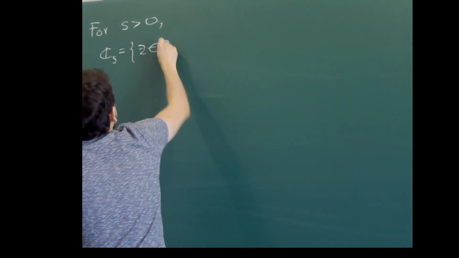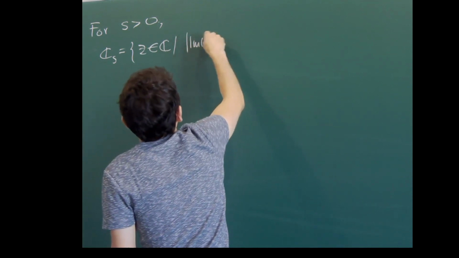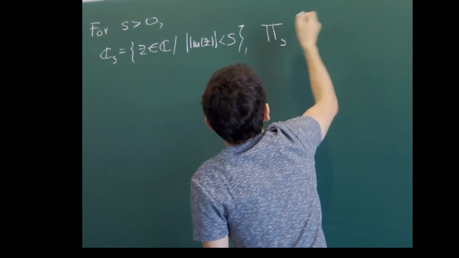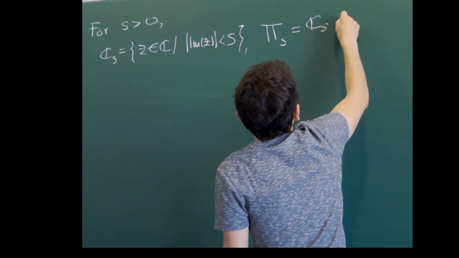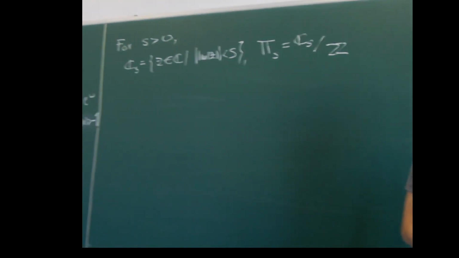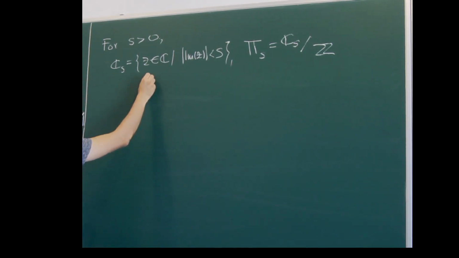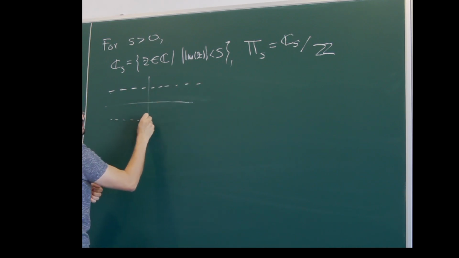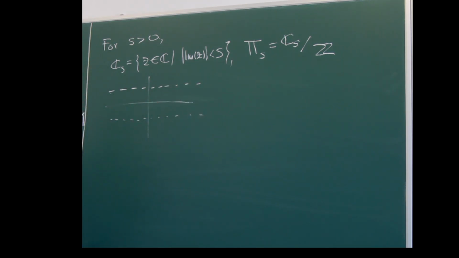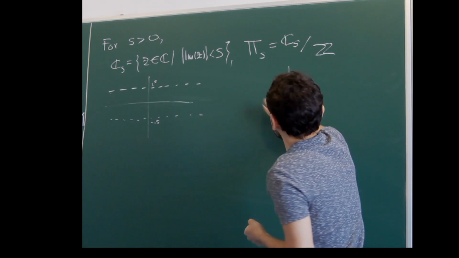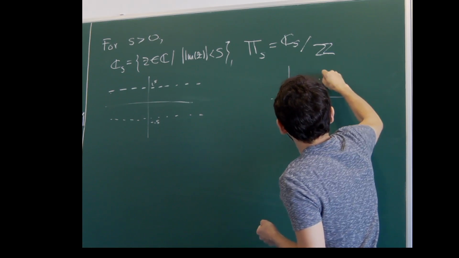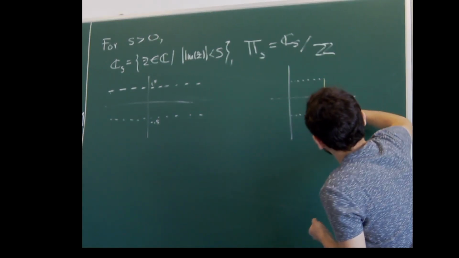I was considering complex numbers, and I take the ones whose imaginary part is smaller than S, and I was considering this analytic neighborhood, basically just quotienting this by Z. Graphically, this is a complex strip, here I have iS and minus iS, and what I'm doing here is just taking the quotient. So I'm really thinking of just considering this region here, where I identify these two sides.